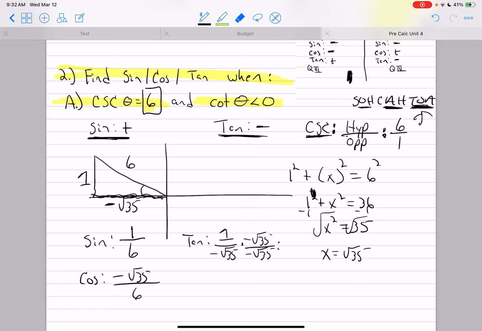And I end up with negative root 35 over 35. Negative 1 times negative 1 is positive 1. Root 35 times root 35 is 35. Or if you can put a negative 1 root 35. So there are sine, cosine, and tangent.